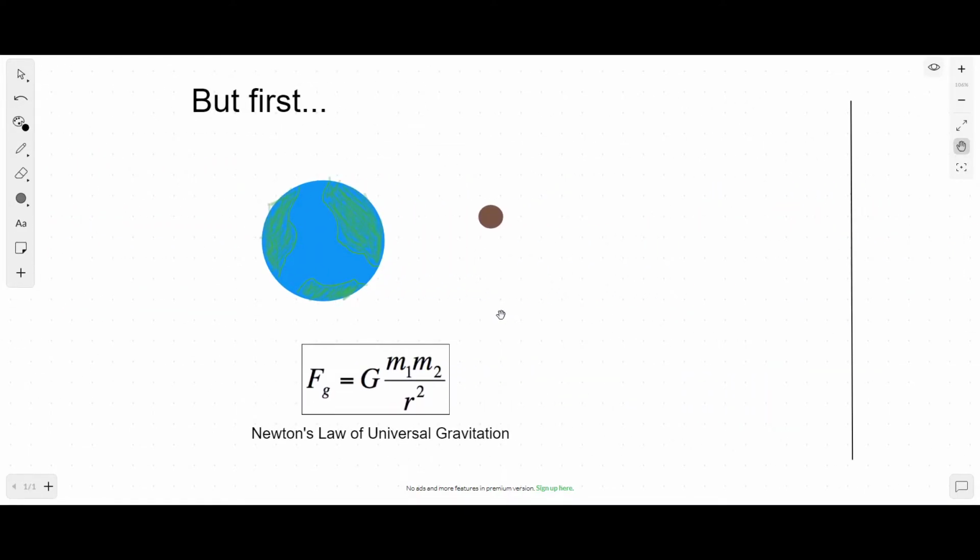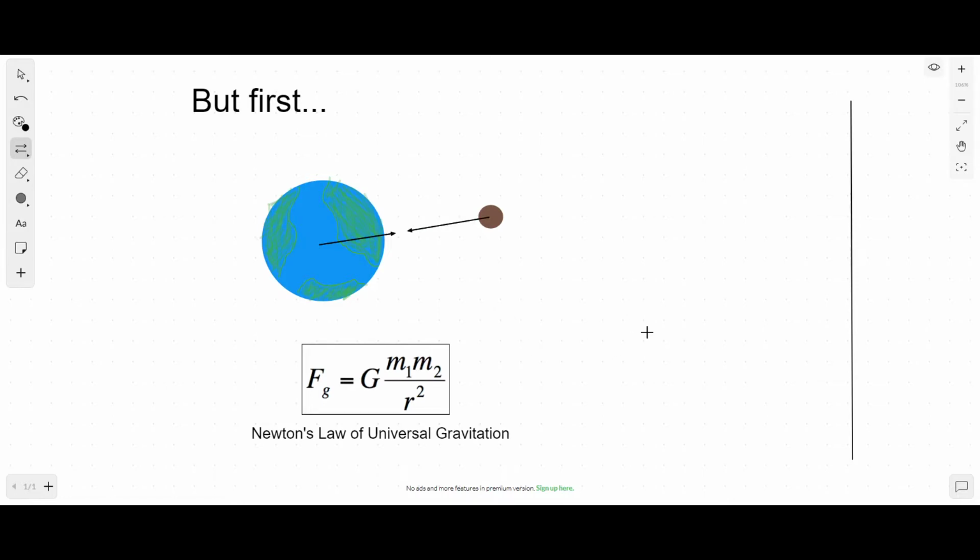Now before we talk about anything with the electric force, let's talk about gravitation for a bit. The Earth feels a force towards the moon, and the moon feels a force towards the Earth.